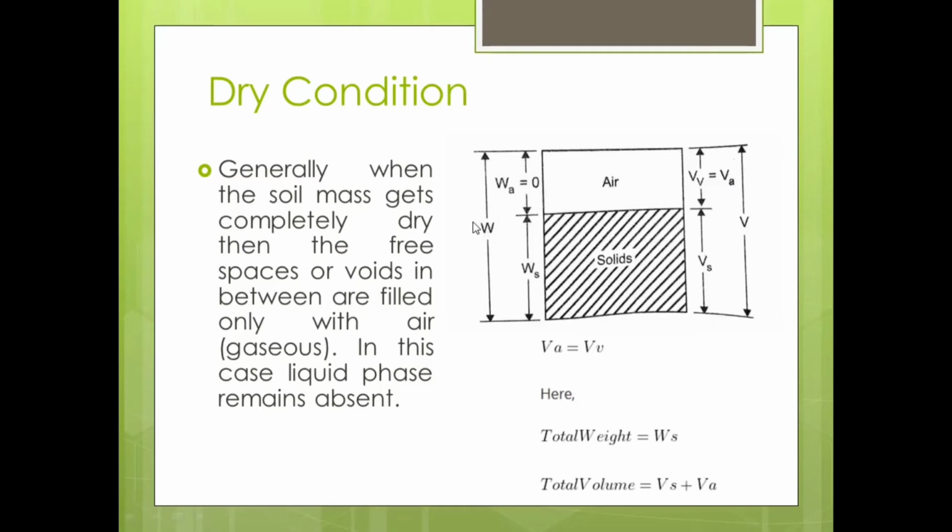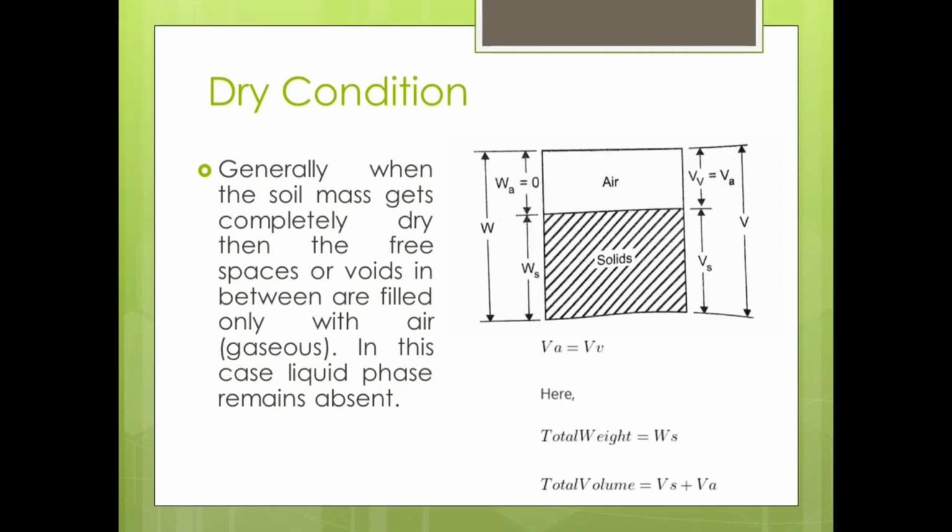So the total weight of the soil system is constituted only by the weight of solids, the soil grains. This is the equation when the soil is in completely dry condition. There is absence of water in this system. So this is one state.